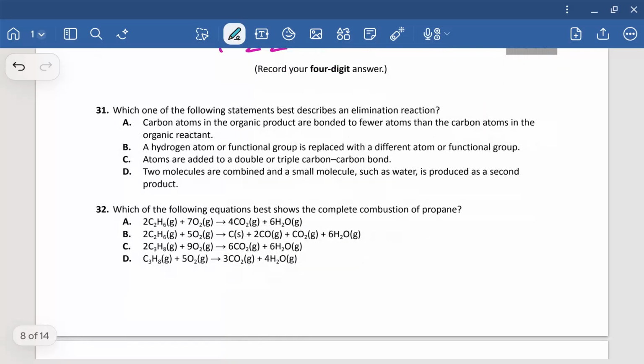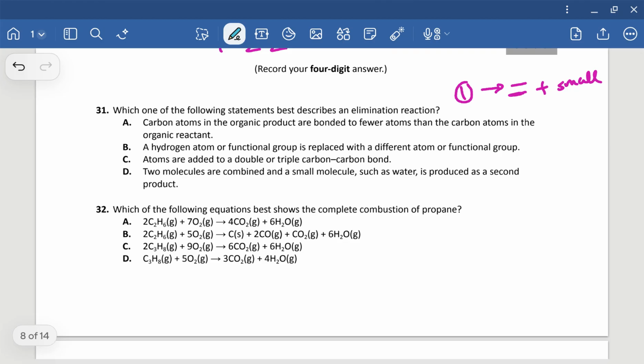Number 31, which of the following statements best describes an elimination reaction? So an elimination reaction, you start with one compound and then you're taking something off that compound, forming a double bond and a small molecule. So going through that, carbon atoms in the organic product are bonded to fewer atoms than the carbon atoms in the organic reactant.